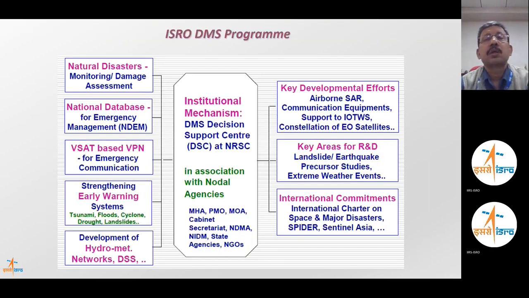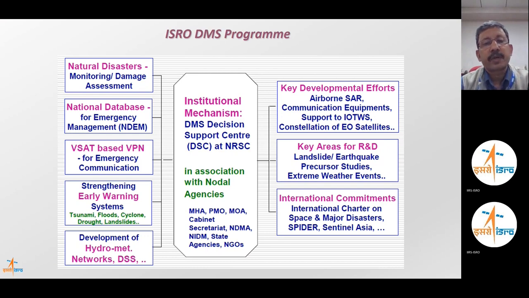So when we talk about the disaster management program of ISRO, because the entire geospatial technology for disaster risk reduction got its impetus, or was basically originated as part of the disaster management support program of ISRO.